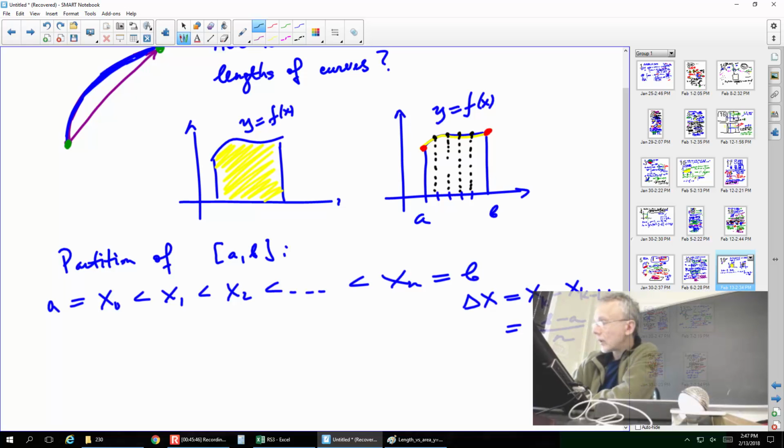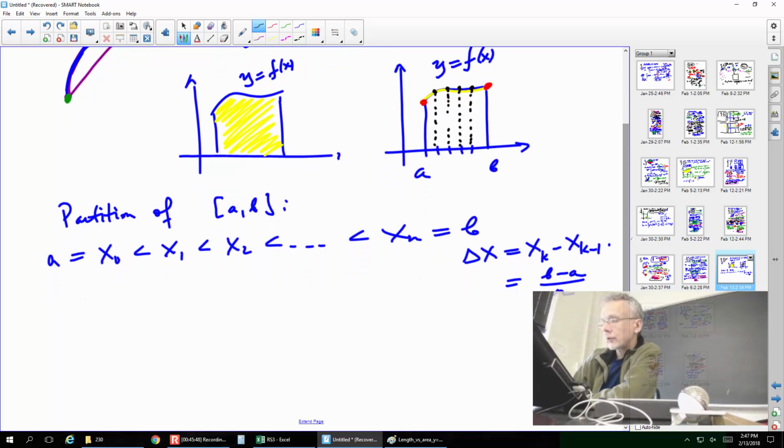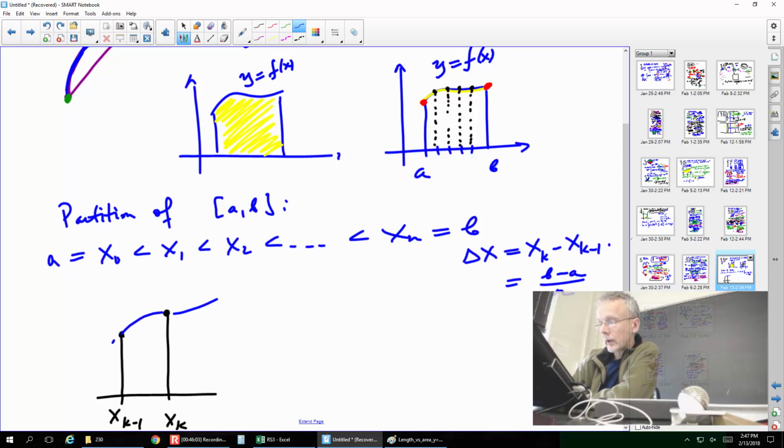And if our delta x is small enough, then those pieces will be almost straight. Let me zoom in on that picture. So we have xk minus 1 here, xk there, and this is our curve going like this, possibly somewhere. And then what do we do with it? The idea is the same, coming from calculus 1 once again. We replace something complicated with something linear and straight, and that is simply the edge.